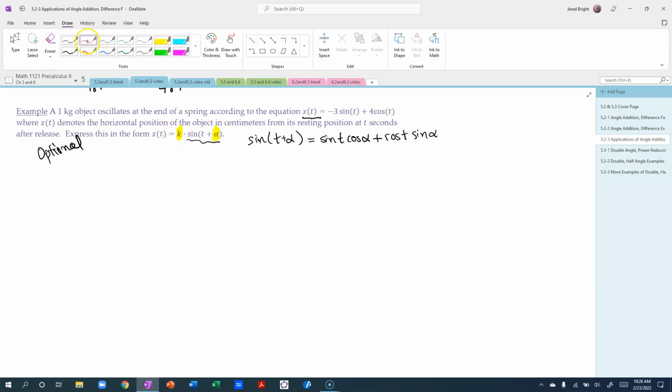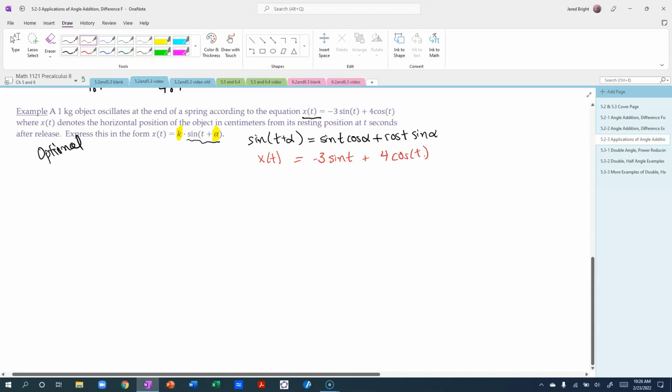Okay, so now I'm going to write what I'm given right below it. I'm given that x of t is equal to negative 3 sine of t plus 4 cosine of t.